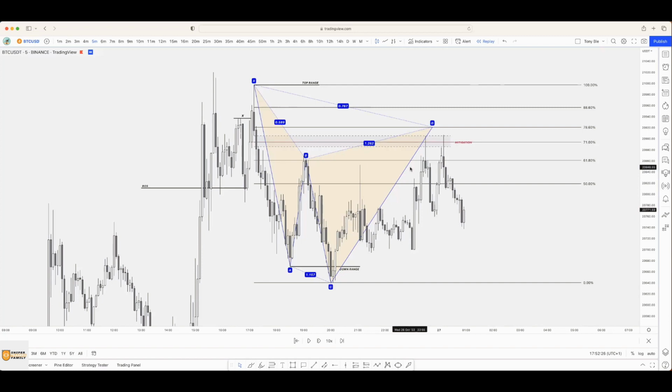This can be a Cipher, but it didn't get to the 786 on the dot. Assuming we have somebody that trades only the harmonic patterns, you would have missed out on this trade because your entry would have been at 786 and price didn't get there. Price got close to 786 and then rejected.